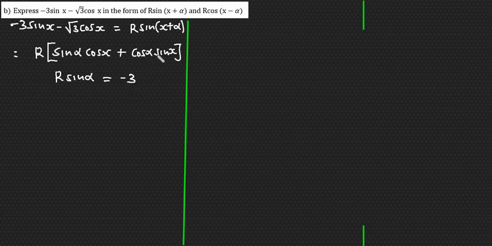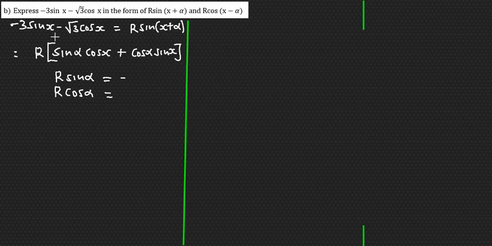So the coefficient of sine x is going to be this r, don't forget that we also multiply this part here, so we shall get r cos alpha equal to negative 3.